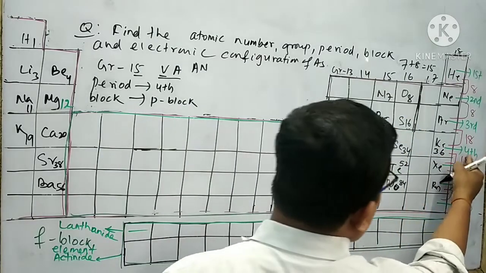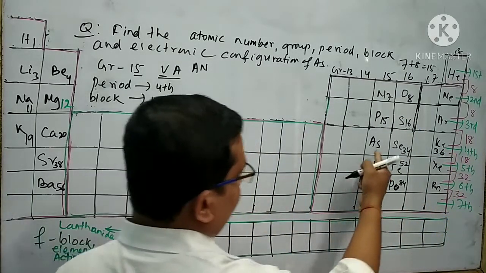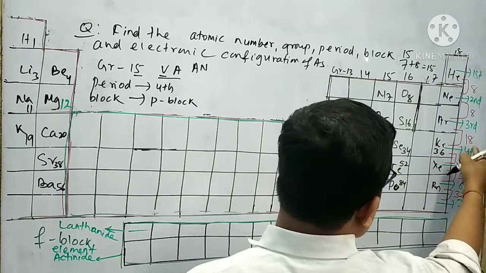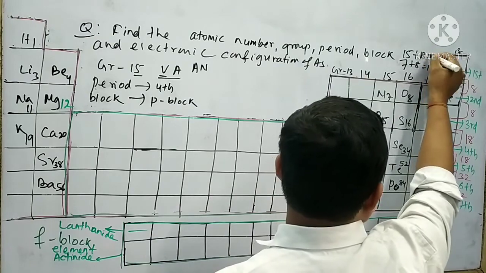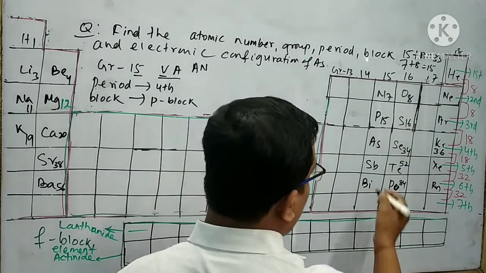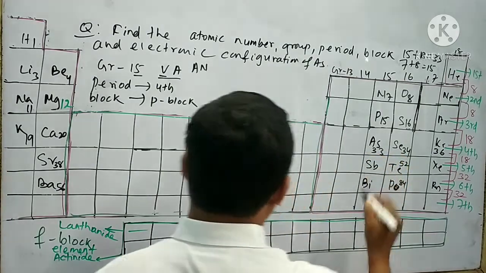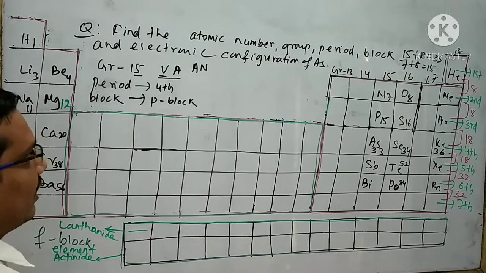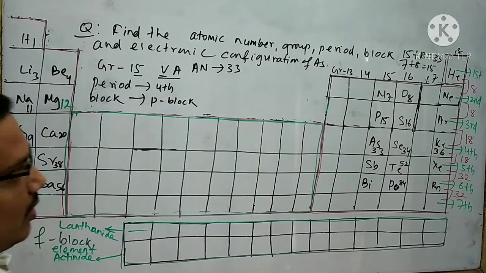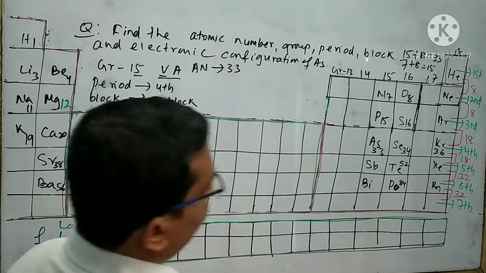Arsenic belongs to the fourth period, so the atomic number of arsenic is 15 plus 18, that is 33. So here I can write the atomic number of arsenic is 33. Arsenic belongs to group 15.